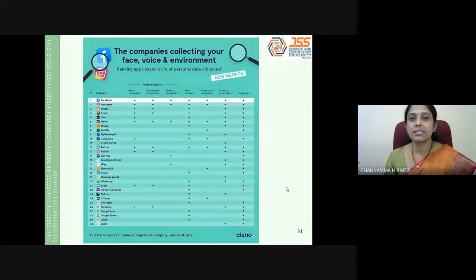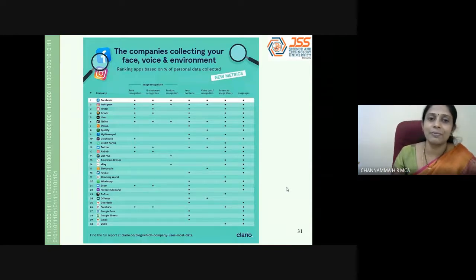Many companies collect our information, such as face, voice, and environment. For example, Facebook collects face recognition and voice data also, when we send audio messages.